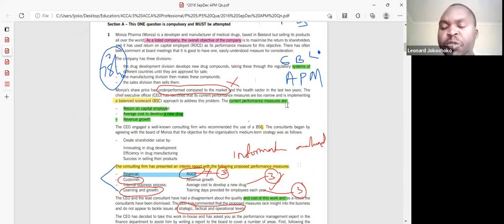Please know that when I introduce my part, when I say as a listed company, they are expected to use dividend growth and share price, I expect a mark, because that is the general concept that will measure financial performance of the company. Then when I link it, return on capital employed does not directly measure changes in the share price and in dividends. I should get another mark for that.